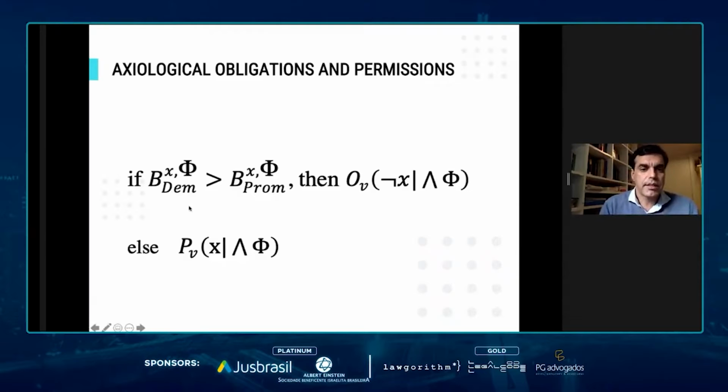So the idea is that we compare the proportional and aggregate impact on the demoted values with the impact on the promoted values. If the demoted values beat the promoted values, then we have a reason to forbid the action at stake. Otherwise, if the promoted values are stronger than or equal to the demoted values, we have a reason to permit the action given that constellation of factors.